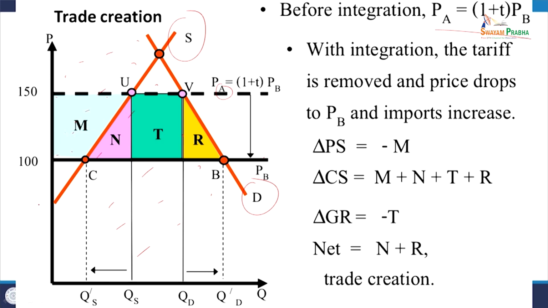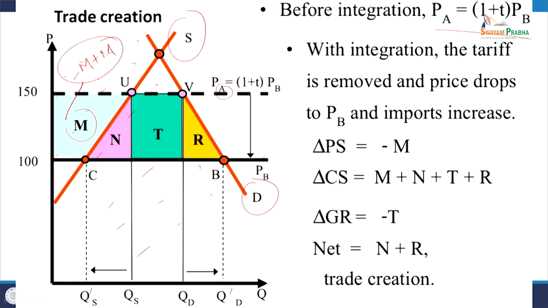When the price falls, producer surplus is reduced by M, whereas consumer surplus is increased by M plus N plus T plus R. So here we are saying minus M for the producer and plus M for the consumers. Therefore, this is nullified. Now, what is left is N, T, R.